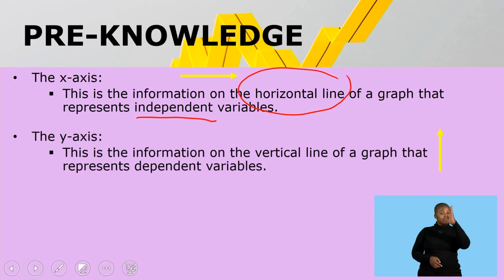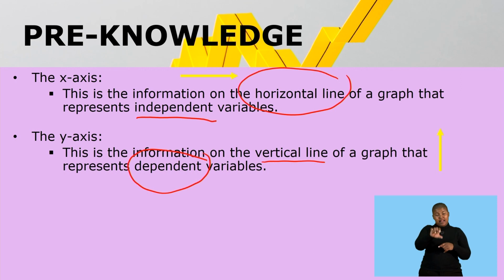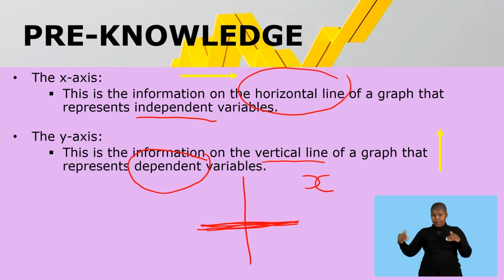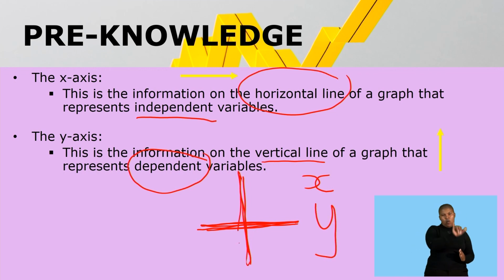And then the y-axis is the information on the vertical line that represents the dependent variable. Now remember, if we look at an axis, x is wide, and therefore it's going to be horizontal. And then y is long, so it's going to be vertical.